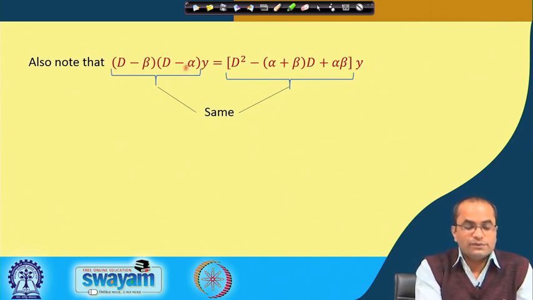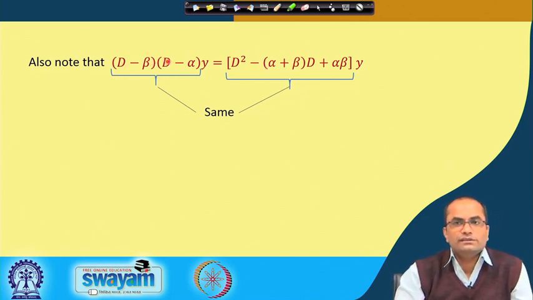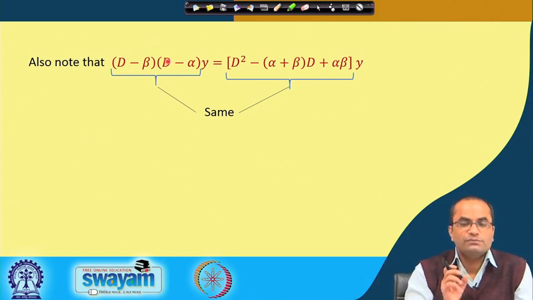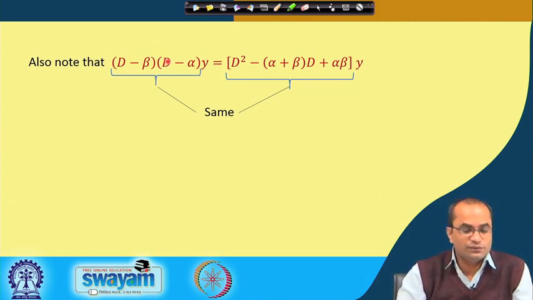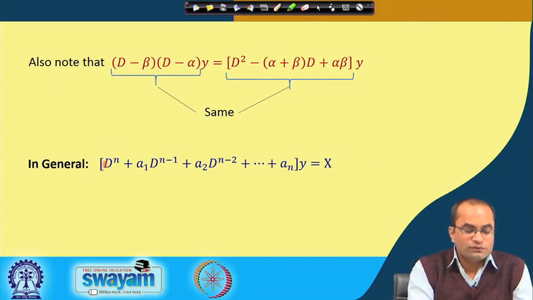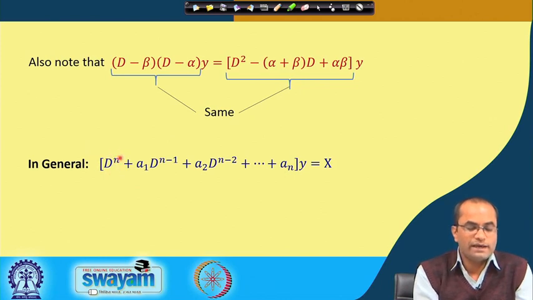Because we have seen that these two are the same, and this is just the product if we forget that D is an operator here, we can simply do algebraic multiplication. In general also, when we have an nth order differential equation written in this operator form, the power n means the nth order derivative here, a1 the (n minus 1)th order derivative, a2 the (n minus 2)th order derivative, and so on.